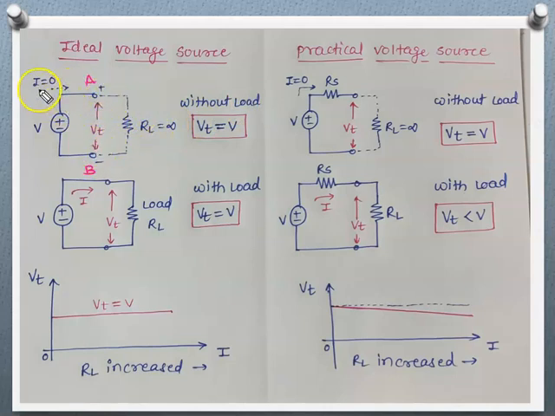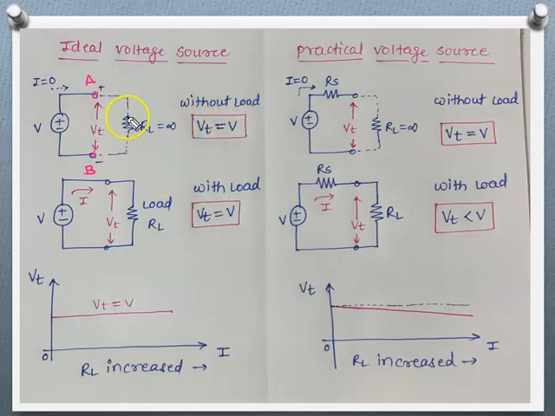As it is open circuited, the current flowing through the circuit will be 0, and the voltage between these two terminals is known as the terminal voltage Vt. This will be the same value V without load.